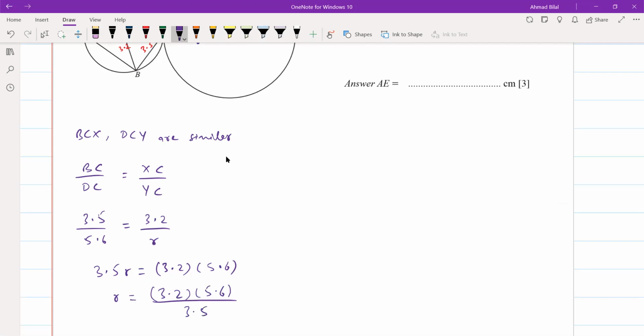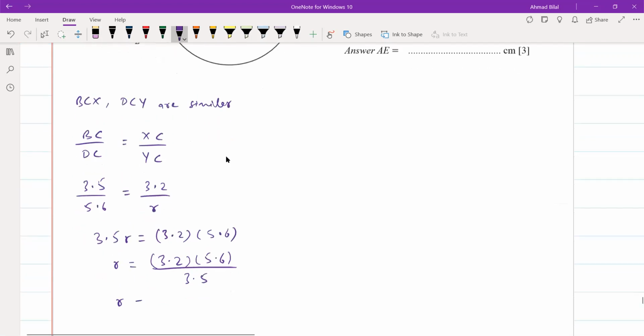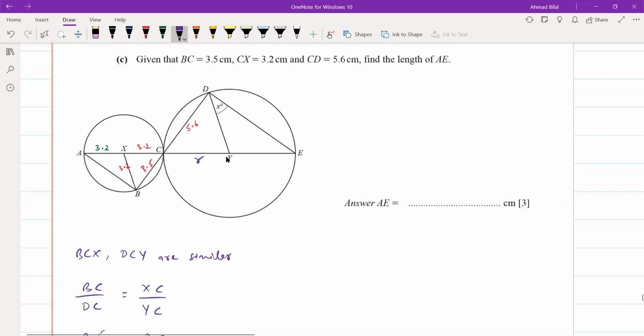R turns out to be 5.12. So the radius of the bigger circle is 5.12, and this length is also 5.12 because it's also the radius.